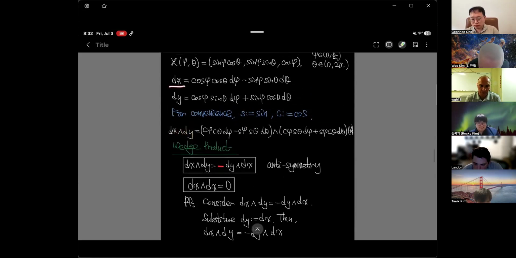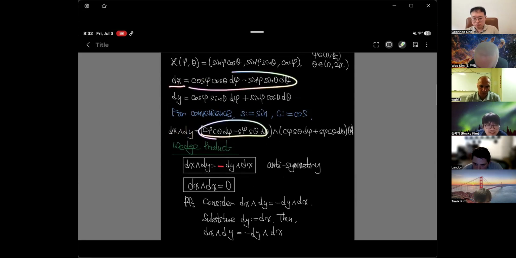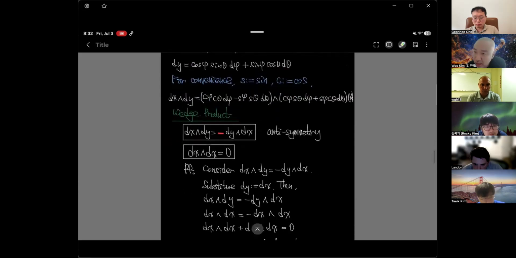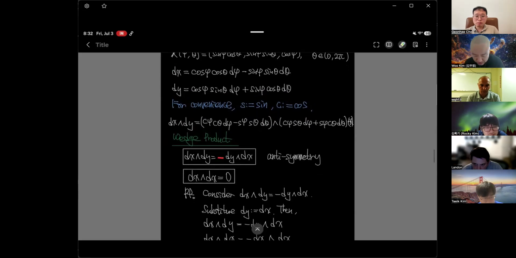We have this dx. Substitute this into here. So this is the moment: what is the wedge product? As you might have noticed already, this presentation is backward. Usually I build up the theorems and definitions first, and then move on to the example.